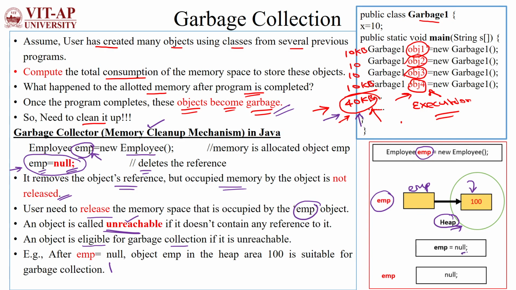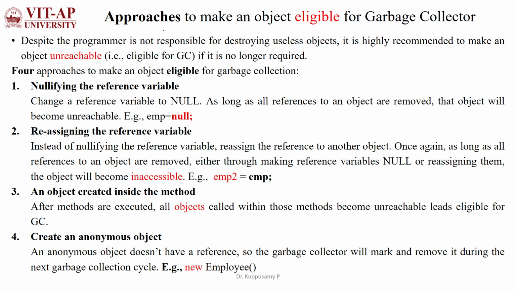Then when you assign the null value to the emp object, the reference is deleted, but the allotted memory locations remain available as they are. So we have to release those memory locations from the emp object, and that is what we do using the garbage collection mechanism.